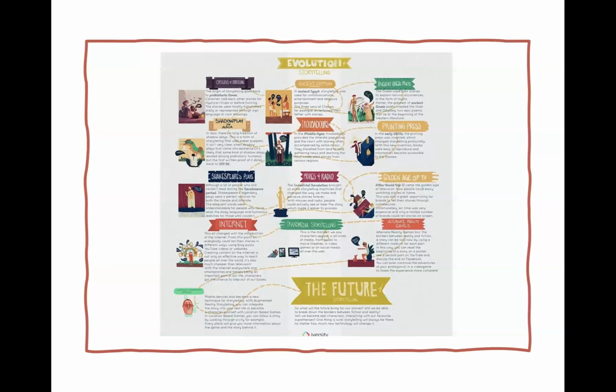We get into the printing press. Just from there it evolves into movies and radio and the golden age of TV and the cinema and the internet, and now we are into transmedia storytelling, alternate reality and games, and it's just an ever evolving idea.